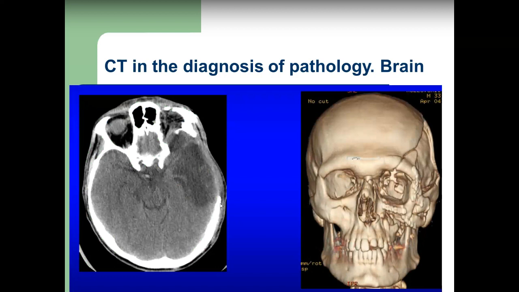This is post-traumatic encephalomalacia, a post-traumatic liquid-filled area, and in the volume rendering reconstruction of the skull, you can see post-surgery changes, post-surgery metal objects, and a big defect in the temporal and frontal bones.